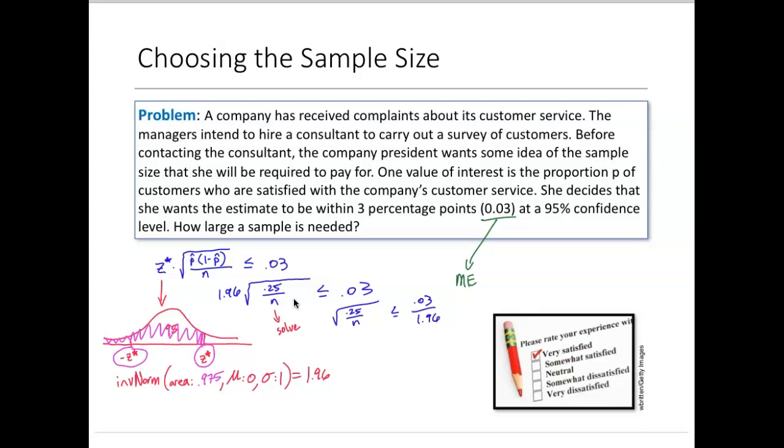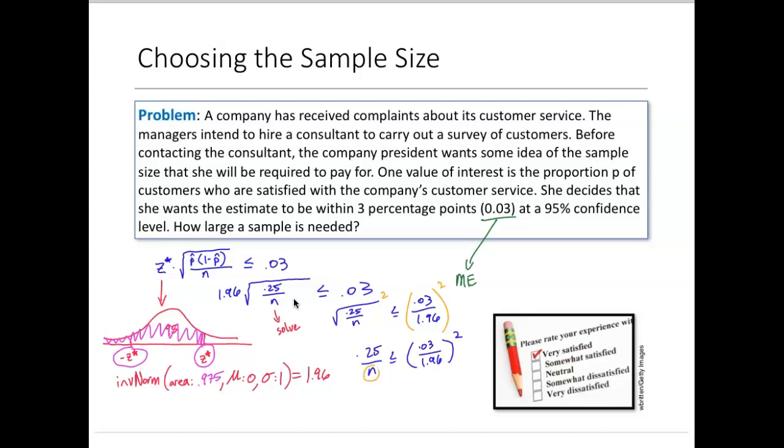Got to get rid of the square root, so let's square both sides. 0.25 over n is less than or equal to 0.03 over 1.96 squared. And don't actually punch this into your calculator until you've isolated n. All right, now I need to get n in the numerator.